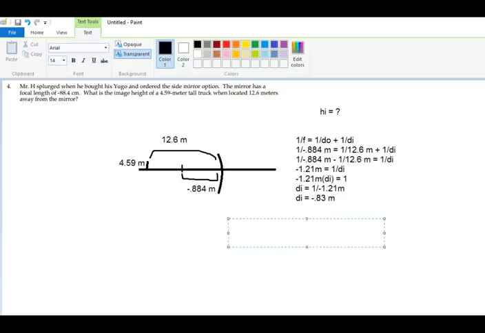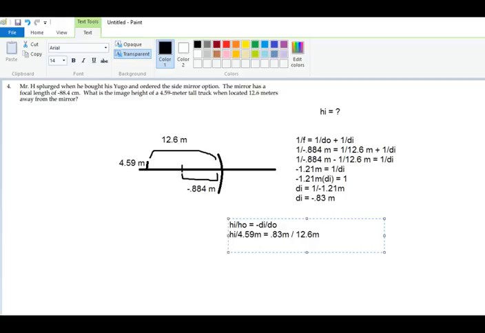So hi divided by ho equals negative di divided by do. Now we're trying to solve for hi. We are given the height of the object, which is 4.59 meters, equals negative di. Because we're making a negative number negative, this would be 0.83 meters divided by 12.6 meters.